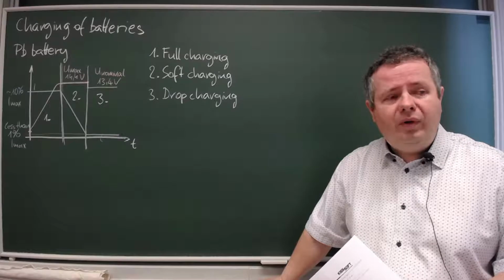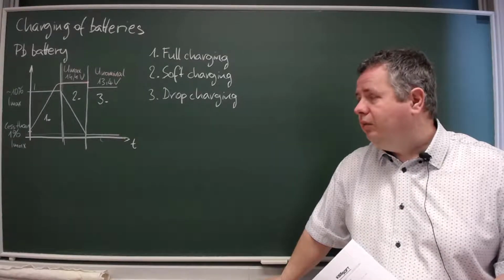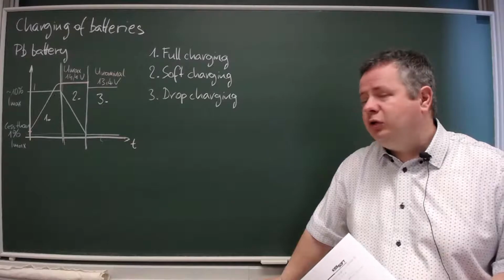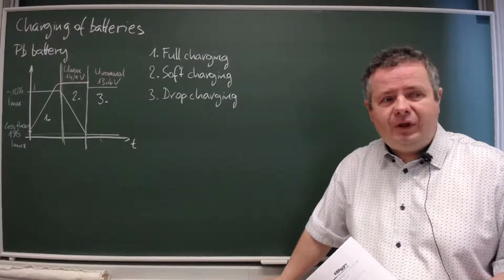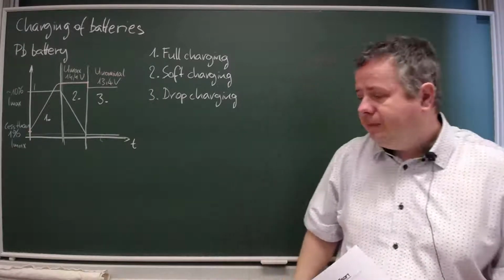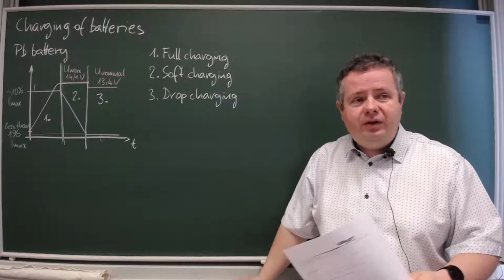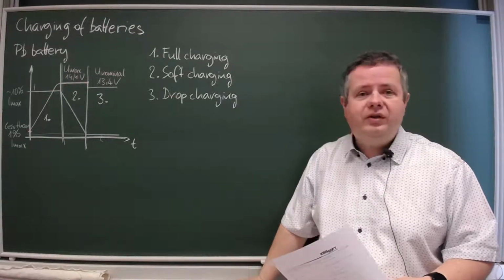So it's a very small value. This is the typical case, for example, for motorbikes that are stored for the winter. You add a drop charger to the battery, and in the spring you can start to use your battery as usual.